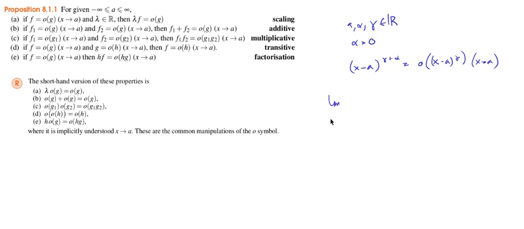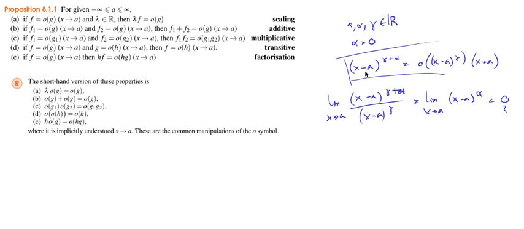Because the limit when x goes to a of (x minus a) to the gamma plus alpha divided by (x minus a) to the gamma is just the limit when x goes to a of (x minus a) to the alpha, right? But alpha is greater than 0, so the limit of a polynomial, in this case, is going to be 0.